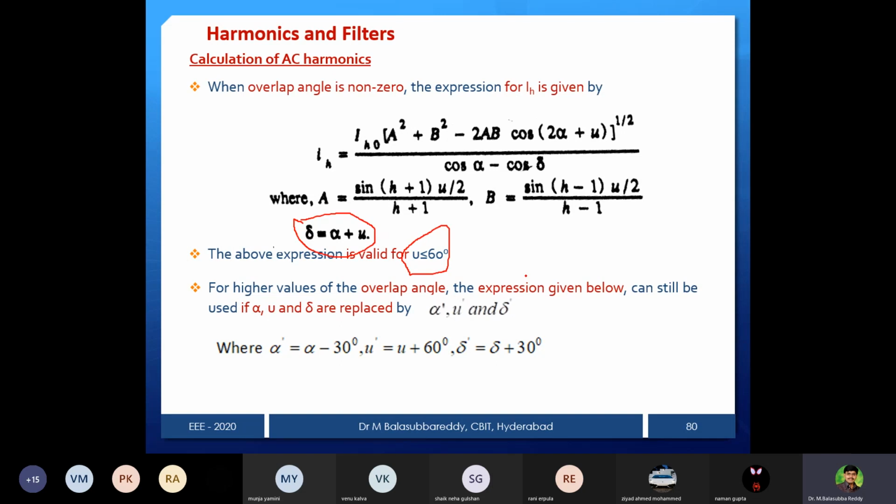So all these depend upon the overlap. It is only the instant when the source has more impedance, that we call incoming and outgoing devices are going to conduct in that aspect. That is the reason many devices, whether in the positive group or negative group, are going to conduct.